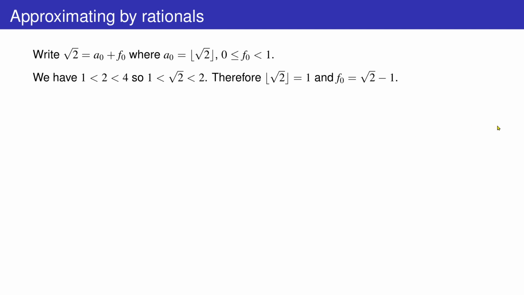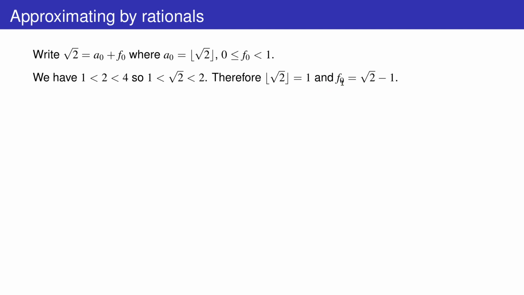We know the decimal expansion, 1.414. But the point is that we don't really need to know that. We can work it out algebraically, and it pays dividends. Because when we do this, first of all, the integer part must be 1.